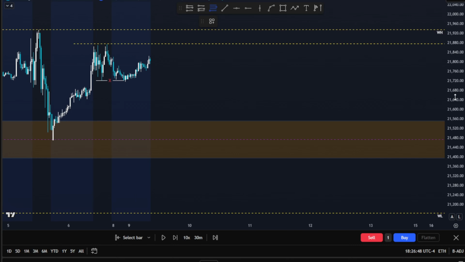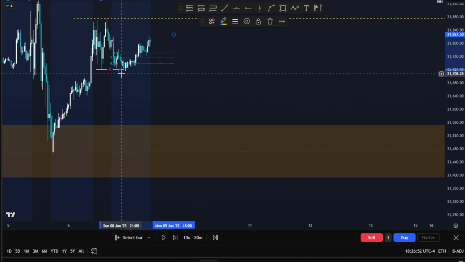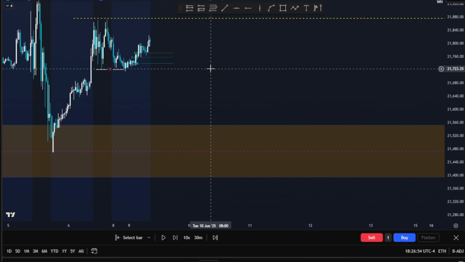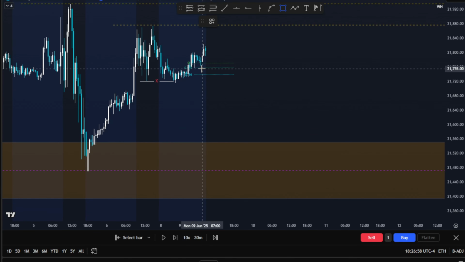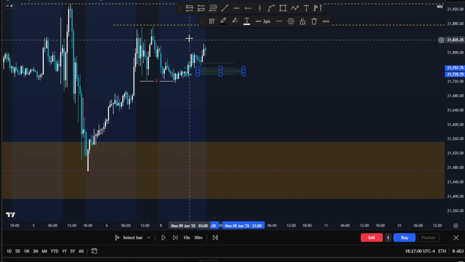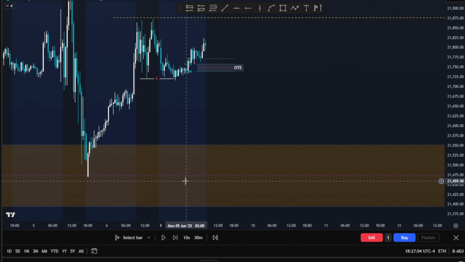This should be a protected low, so I'll use this as my OTE. I want to see some sort of retracement back into the OTE zone around here to take a trade. So let this play out.